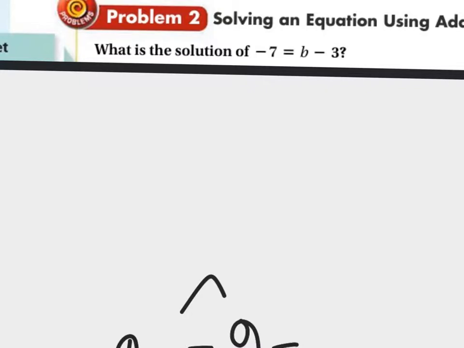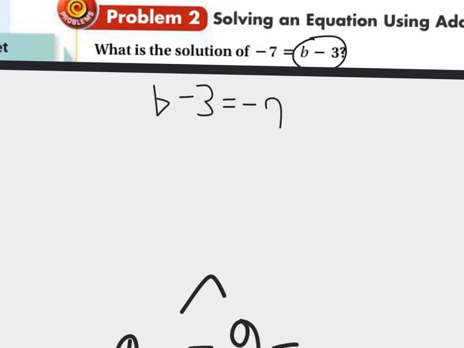It shouldn't really matter, but if it bothers you, if these things are equal and we switch sides, they should still be equal. Like if I'm weighing two things that weigh the same and we switch the pans they're in, they're still going to be equal to each other. So in other words, you could say b minus 3 equals negative 7 if that bothers you.